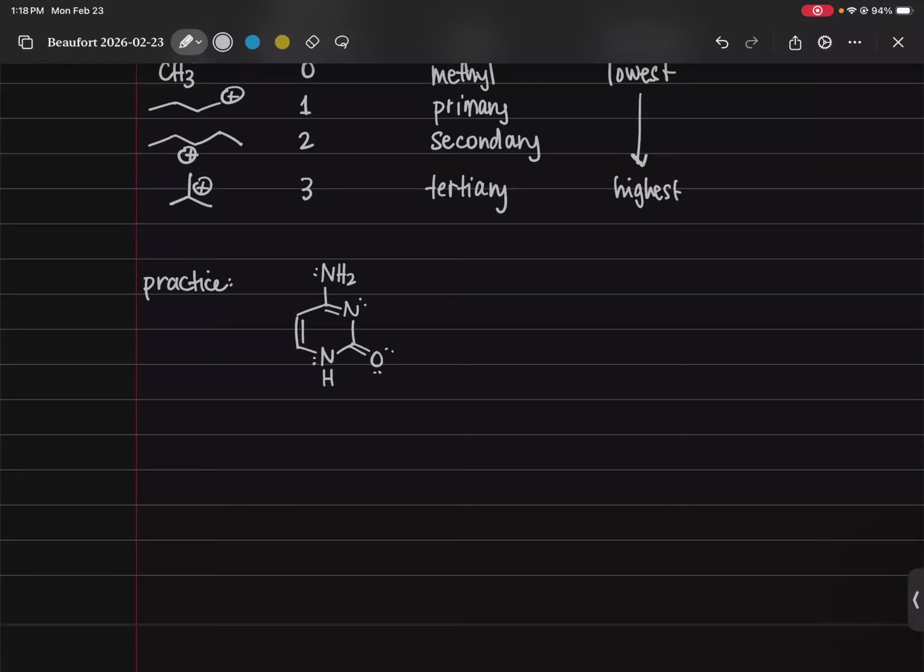So if you need a starting point, go back to the different patterns and see if you can spot any of those patterns somewhere in this molecule. By the way, this is cytosine. It's one of the base pairs in DNA.